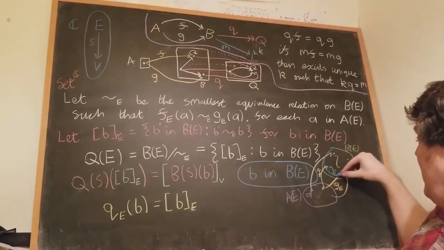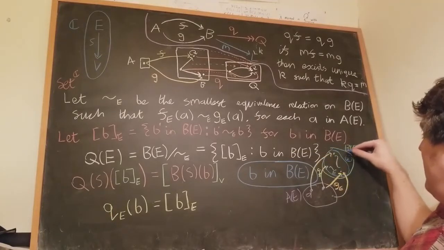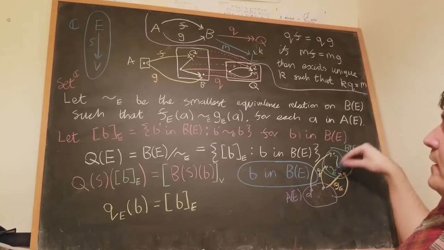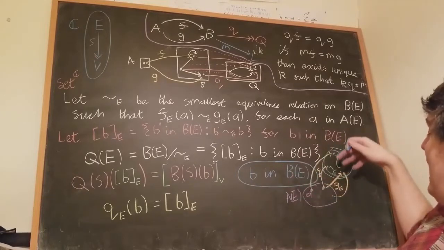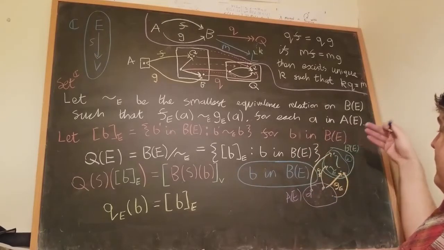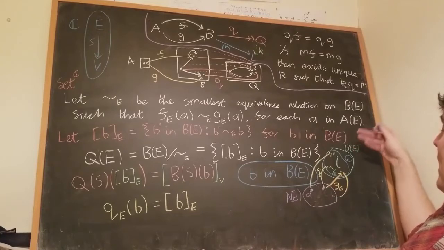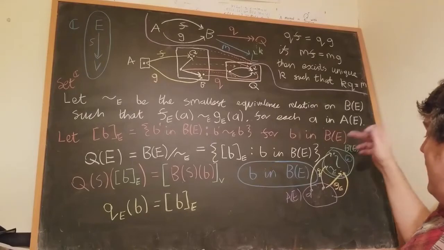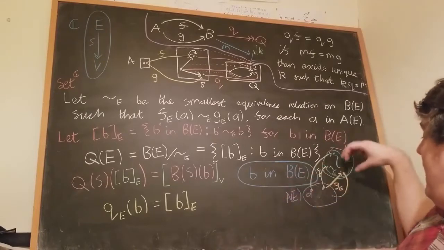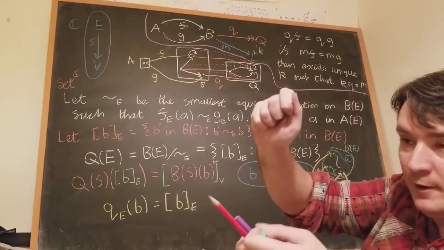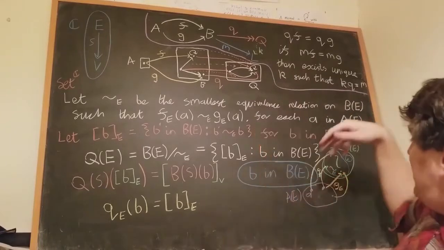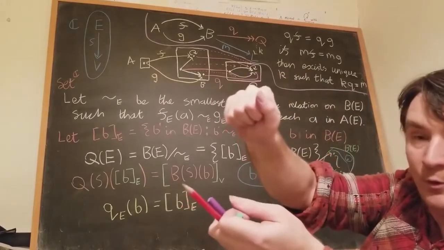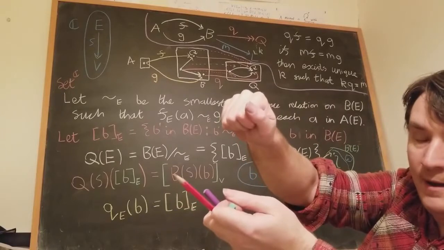So if it was this case, it would be like these two. They are the equivalence classes that we're basically partitioning the elements of B of E into, okay?